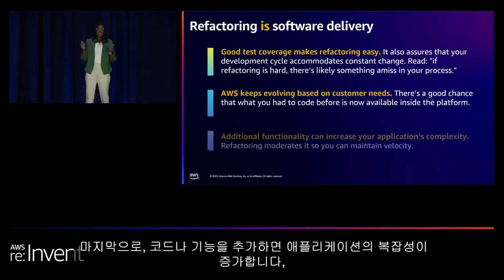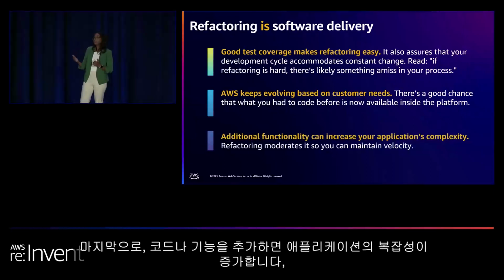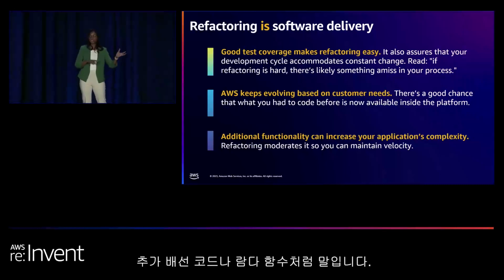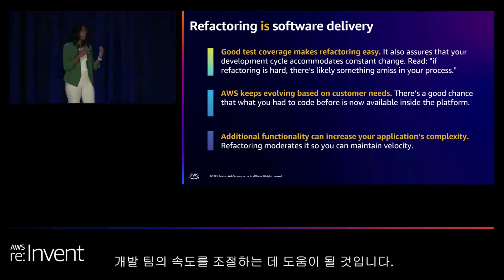Lastly, adding any code or functionality increases the complexity of your application, like the additional wiring code or Lambda functions. Now, to bring your complexity down, have the continuous refactoring mindset, because that will help you moderate your development team's velocity.